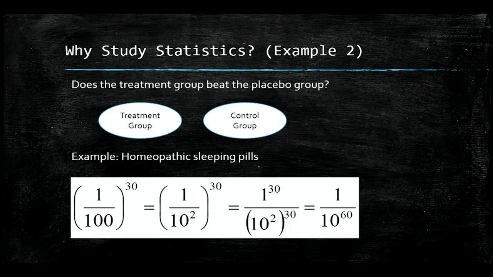The 30 is just a shortcut for repeatedly multiplying: take 30 of these and multiply them together, and you get 10 squared to the 30th, which is 1 over 10 to the 60th. So this has a mixture of 1 to 10 to the 60th. What does that mean? How much water is 10 to the 60th drops of water?